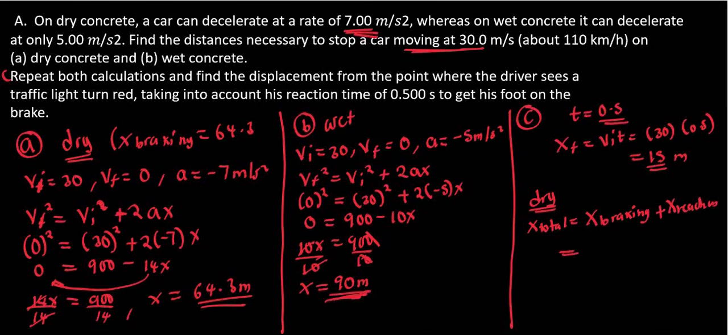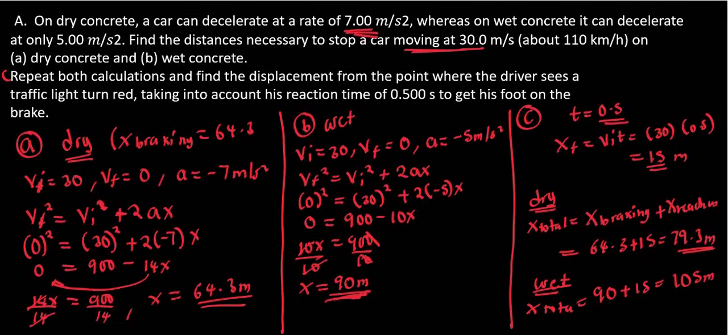On the dry, the displacement of the braking was 64.3 plus 15, you have 79.3 meters. Then on the wet, the total again, for the braking it was 90 plus 15, which is 105 meters. So that's how we answer that particular question.